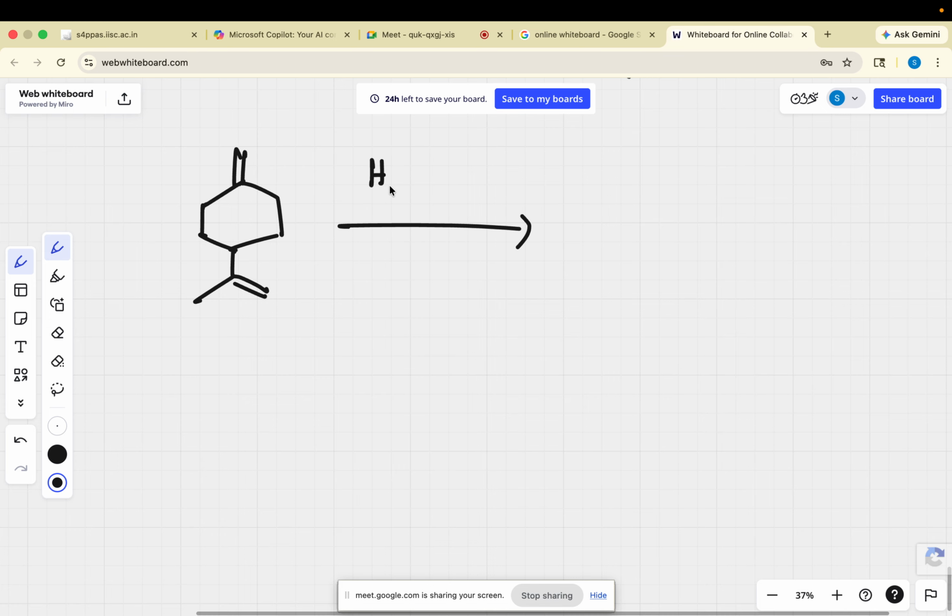Suppose here I am not mentioning anything, just hydrogen, PtO2. Okay, hydrogen, PtO2. What will happen then? Both the double bonds will be reduced. If you see here, both are disubstituted: 1,2 here, and here also you have 1,2. Both are disubstituted, and that's why both double bonds are reducing.